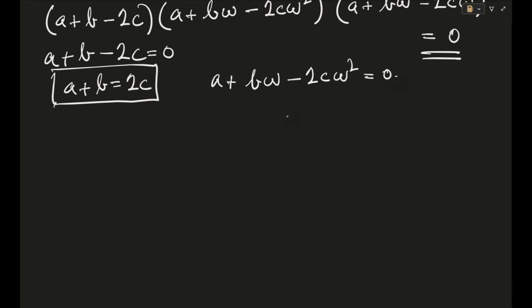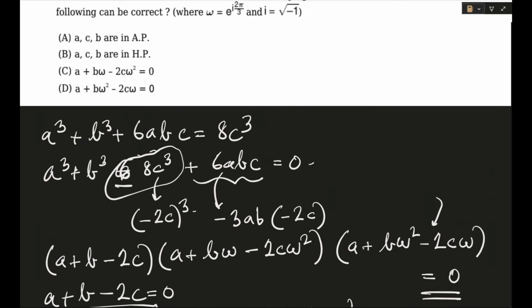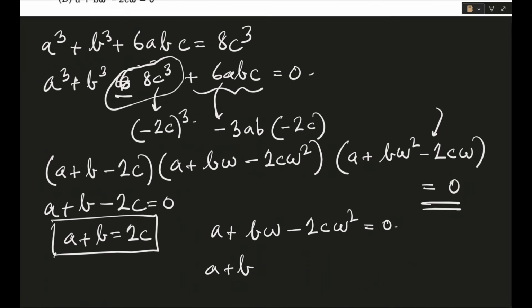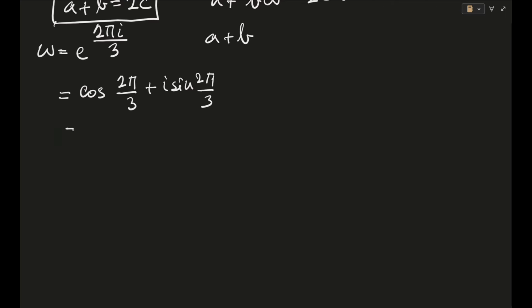One thing guys, if you notice carefully, our omega has been given to be e power 2 pi i by 3. So basically using Euler's form, this is cos 2 pi by 3 plus i sin 2 pi by 3, right? So this is nothing but minus half plus i root 3 by 2.